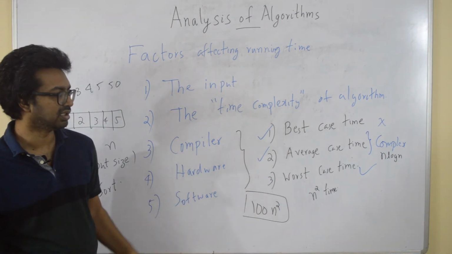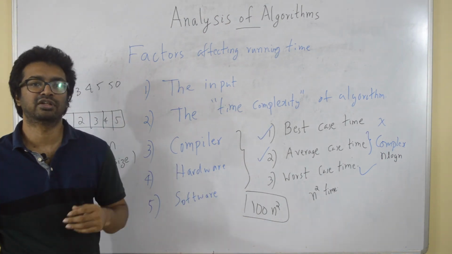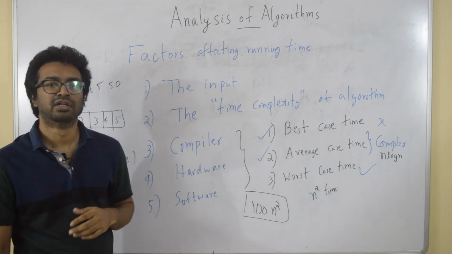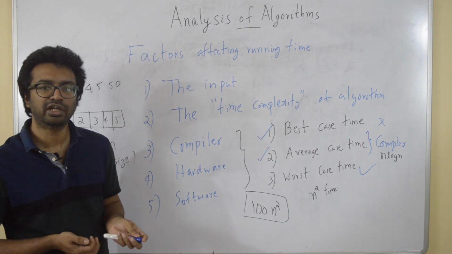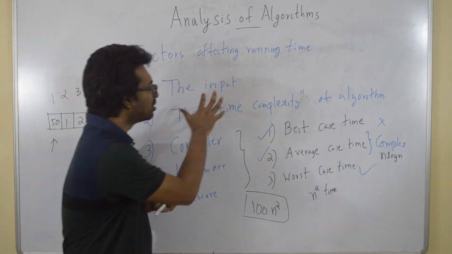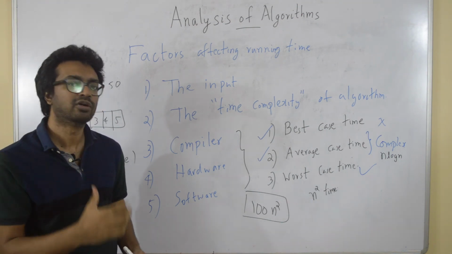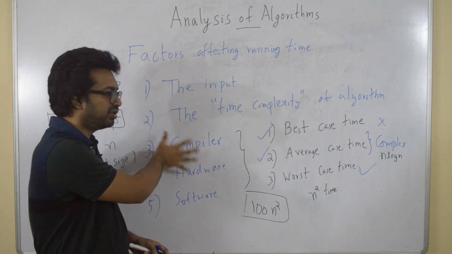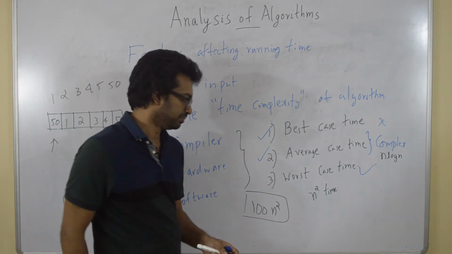So we have to come up with notations which forget about this constant, so that we can concentrate on the algorithmic time complexity and forget about all the complexities associated with the compiler, hardware, software, etc.